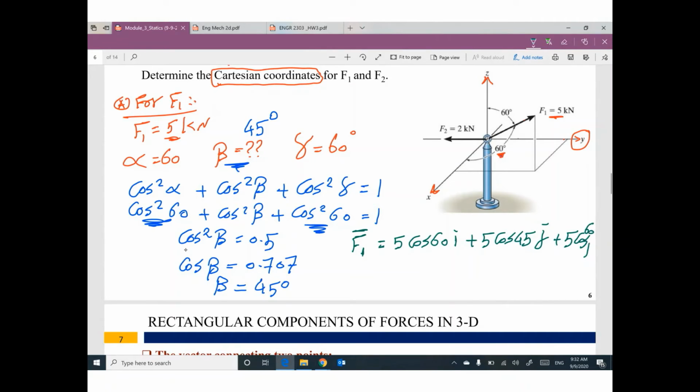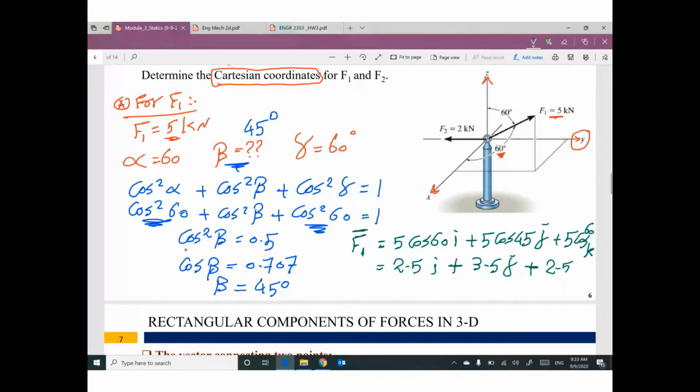K. So 5 times cosine 60, this value will be 2.5 I. 5 times cosine 45 degree, this value will be 3.5 J. And this one will be 2.5 K.